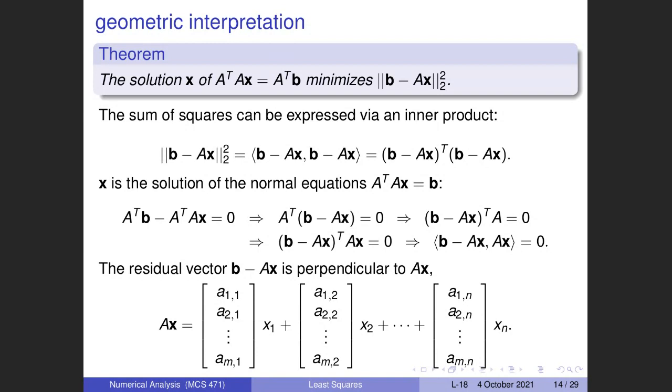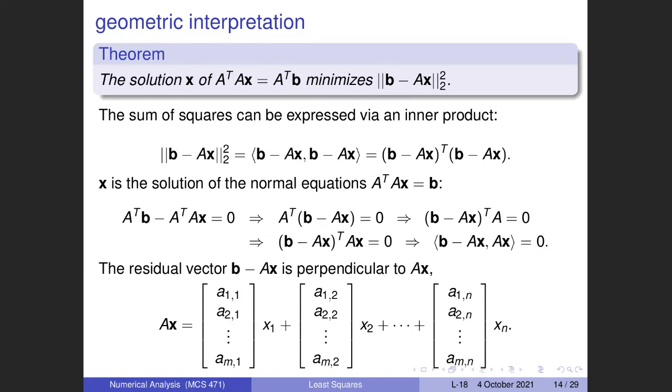And actually there is more. You can also say that solving in the least squares sense means that the residual vector is perpendicular to all the vectors spanned by the columns of the matrix. So here you can see AX.